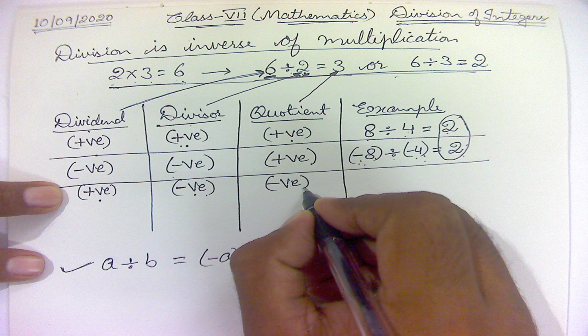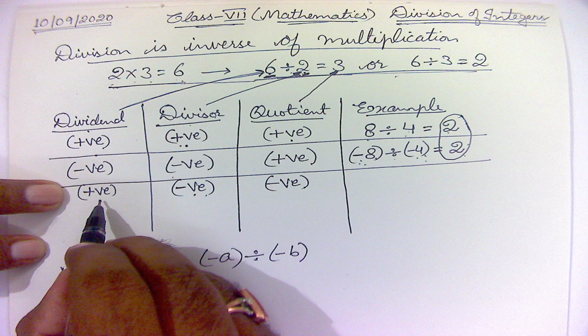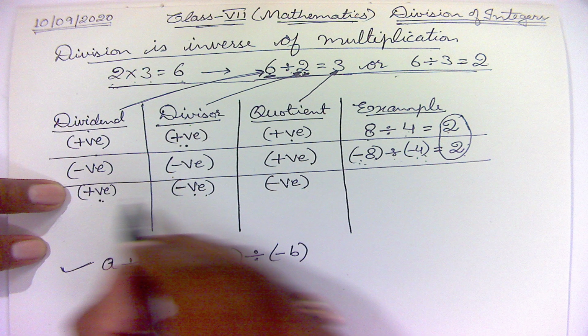It does not matter whether the positive integer or the negative integer is numerically greater. If you divide a positive integer by a negative integer, your quotient will always be negative. For example, 8 divided by minus 4 will give you minus 2 as the quotient.